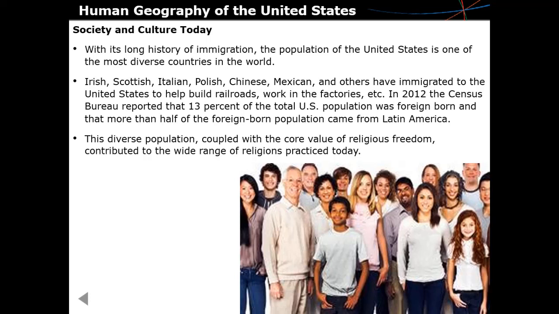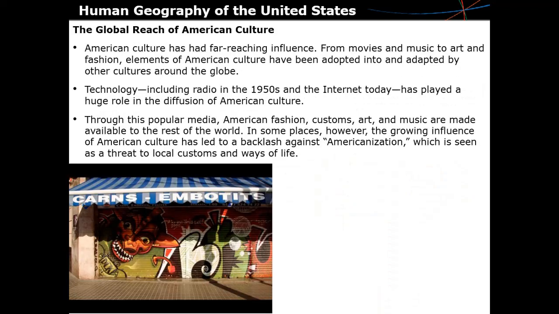We have such a diverse population, and then we have a core value in this country of religious freedom. It contributes to a wide range of religious practices in the United States today. And so you have a diverse group of people coming together. It's known as the melting pot in the United States.